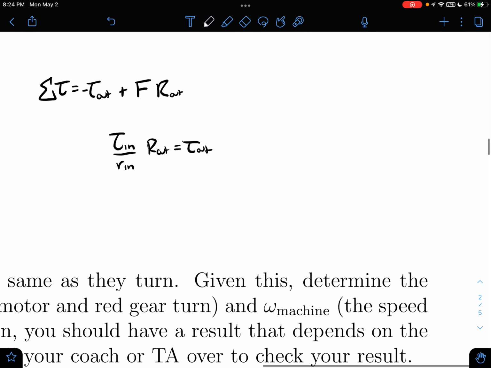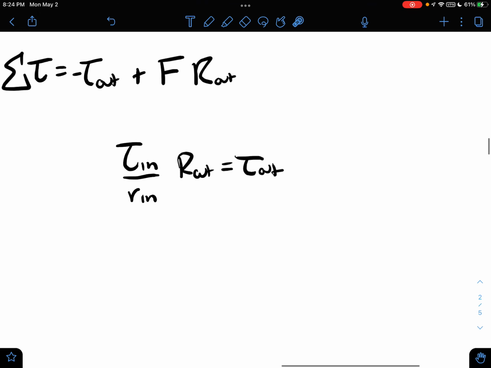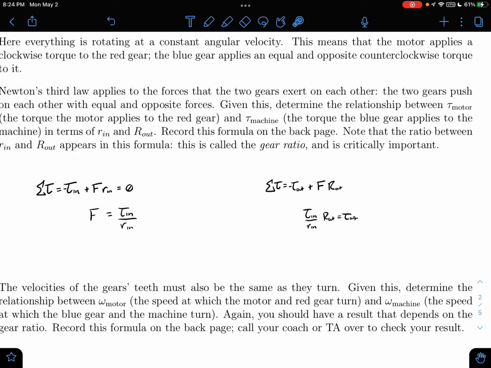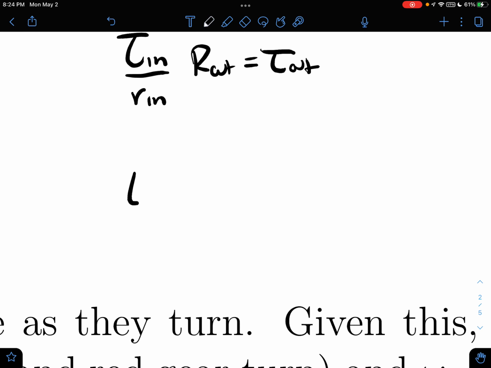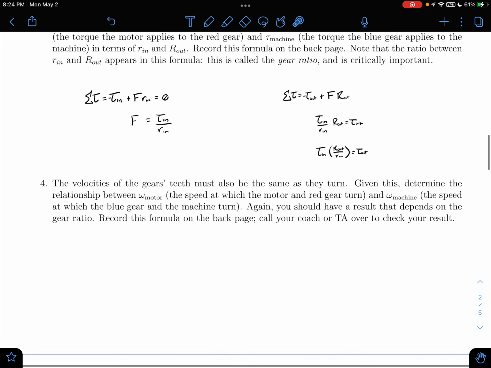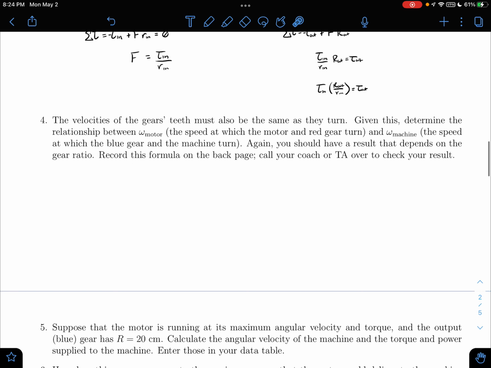So if I simplify this, it mentions something up here, our gear ratio. If I know my input torque, I have R out over R in times my input torque equals my torque out. So I multiply my input torque by my gear ratio, and it gives me my output torque. Cool. And now we're going to relate the velocities of the gear teeth.